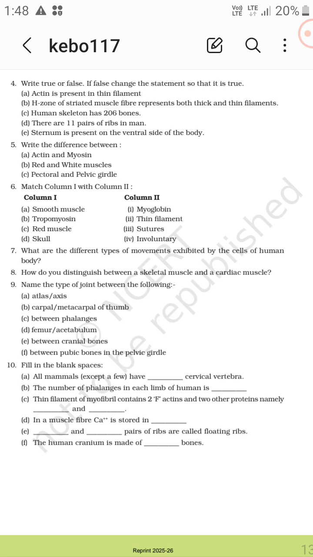That is ciliary, then amoeboid. So this type of movement is shown like ciliary or amoeboid.